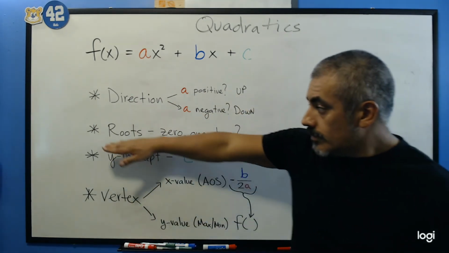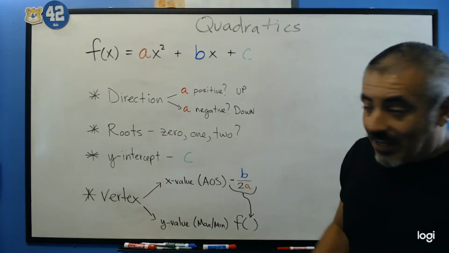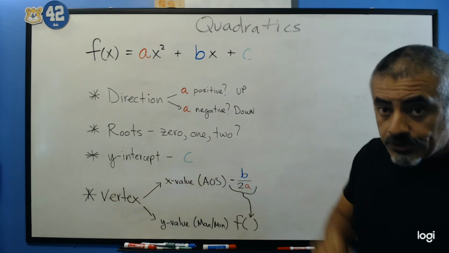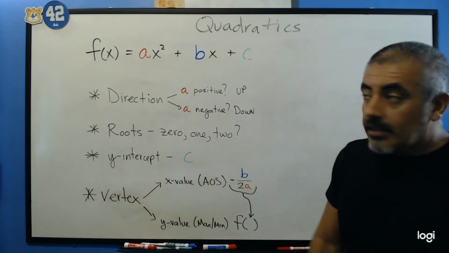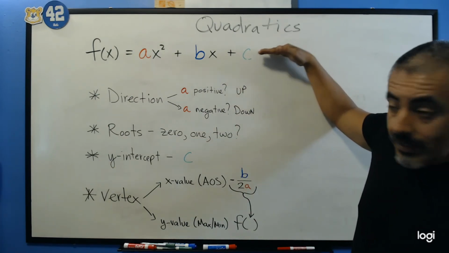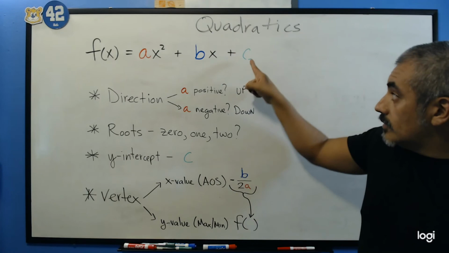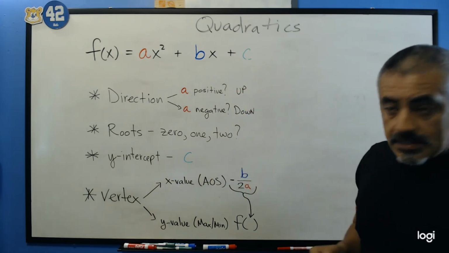Number 2, the roots, the zeros. How many does it have? 0, 1, or 2? Next, the y-intercept. And when given in this form, the y-intercept is simply c. So you just take it from there, and the y-intercept is going to be 0, comma, c.